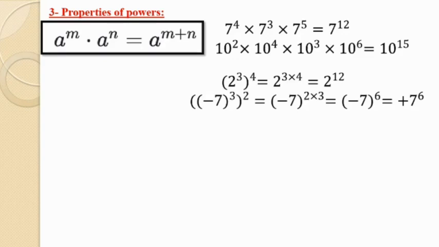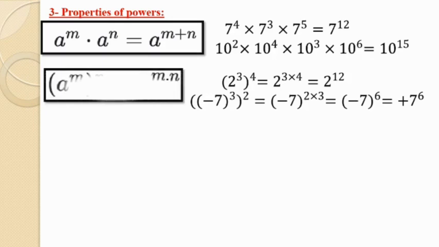Why? Because as the rule says, when we have an even exponent, directly our answer will be positive. The rule here is a to the power m all to the power n is a to the power m times n. So when I see a bracket between them, I have to multiply the exponents by each other.